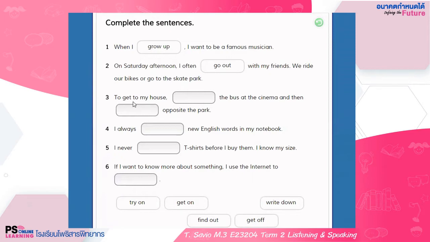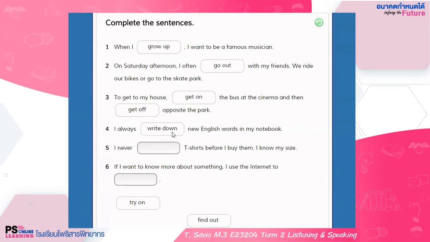Number 3. To get to my house, get on the bus at the cinema, and then get off opposite the park. Number 4, I always write down new English words in my notebook.